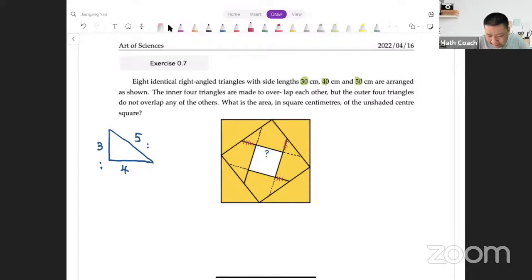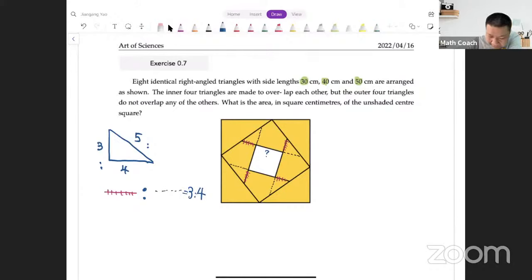Without any calculation, without knowing the numerical value, what we know is that because all the right triangles here are similar, at least we know the ratio between the purple one versus the dotted one should be 3 to 4, right? So as long as I get one, then I get the other. And now let's start to work on numbers.